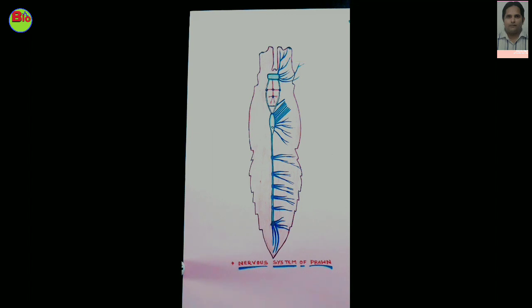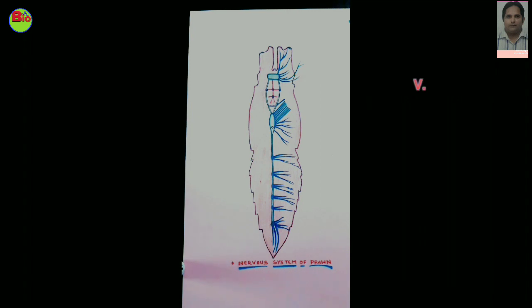Fourth, antennary nerves. These are stout and arise from the ventral side of the brain. Each nerve enters the antenna of its side and divides into two branches, outer and inner. Outer goes to the squamous part and inner goes to the feeler part of the antenna.